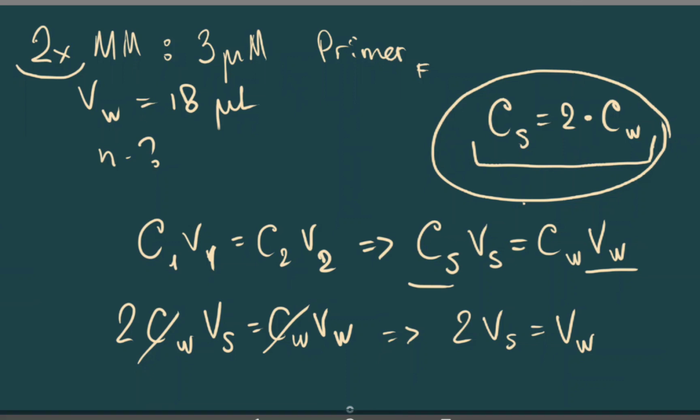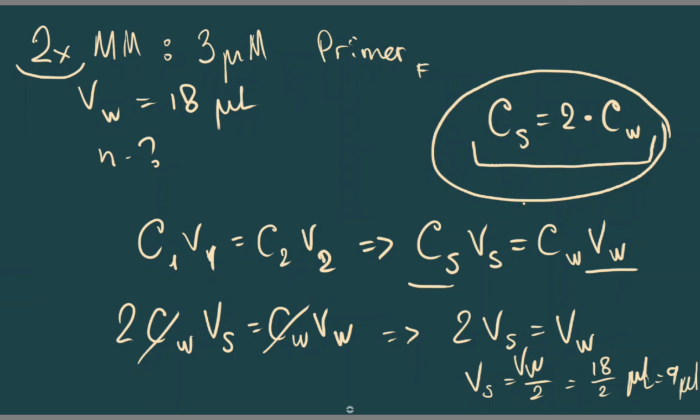And from here, stock volume will be equal to working volume divided by 2, or 18 divided by 2 microliters, 9 microliters.